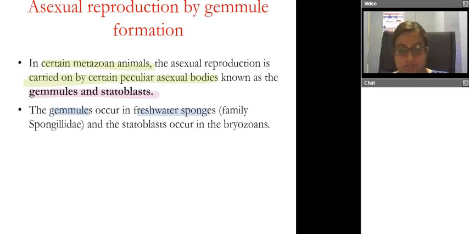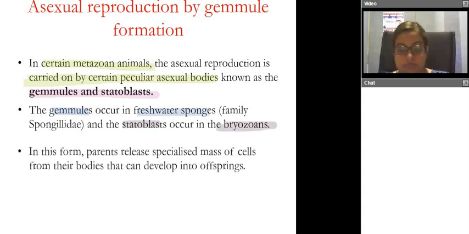Gemmules are found in freshwater sponges, and the statoblasts occur in the bryozoans. What happens in this process is the parents release a specialized mass of cells, and these masses of cells then grow and develop into offspring.